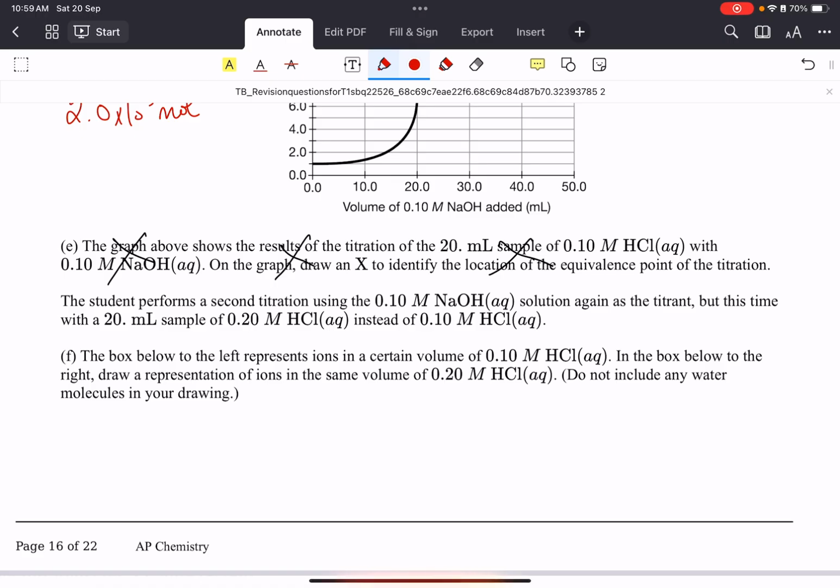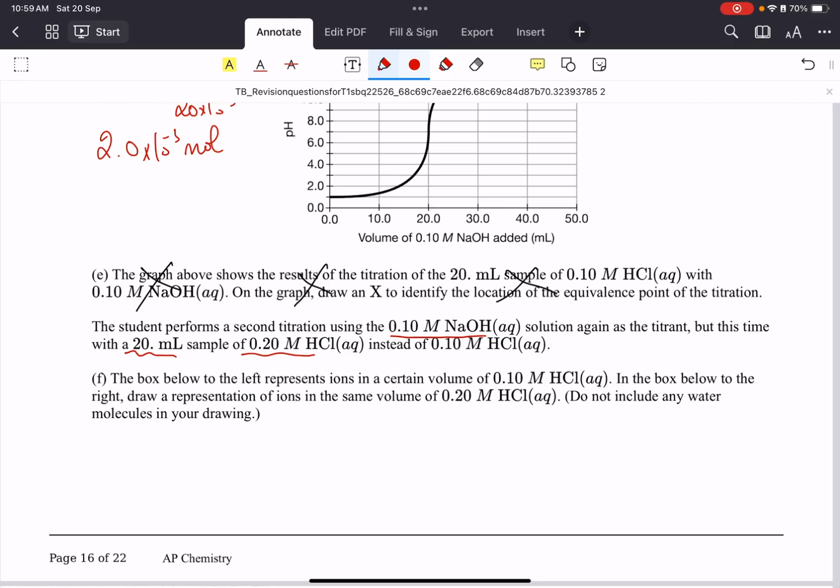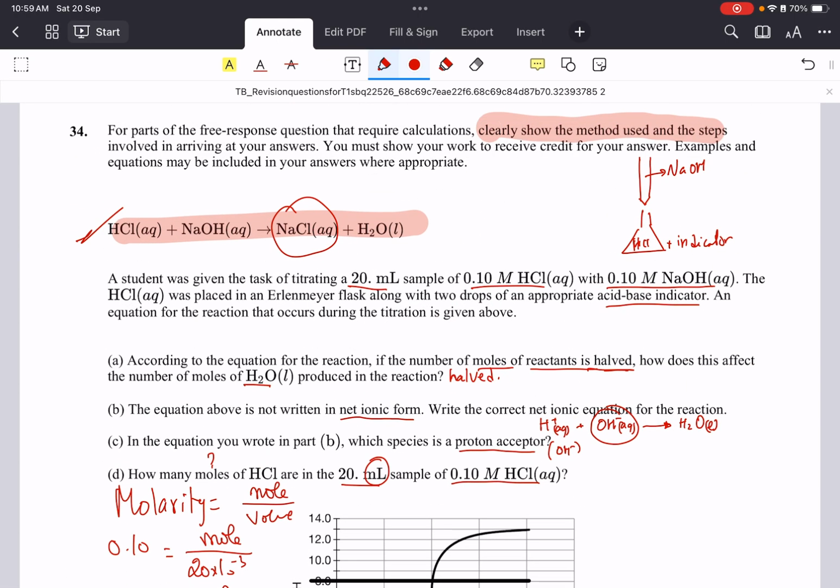Now, the student performs a second titration using a 0.10 molar concentration of NaOH solution as a titrant, but this time, we didn't change the concentration of NaOH, but we changed the concentration of HCl. I'll show you again.